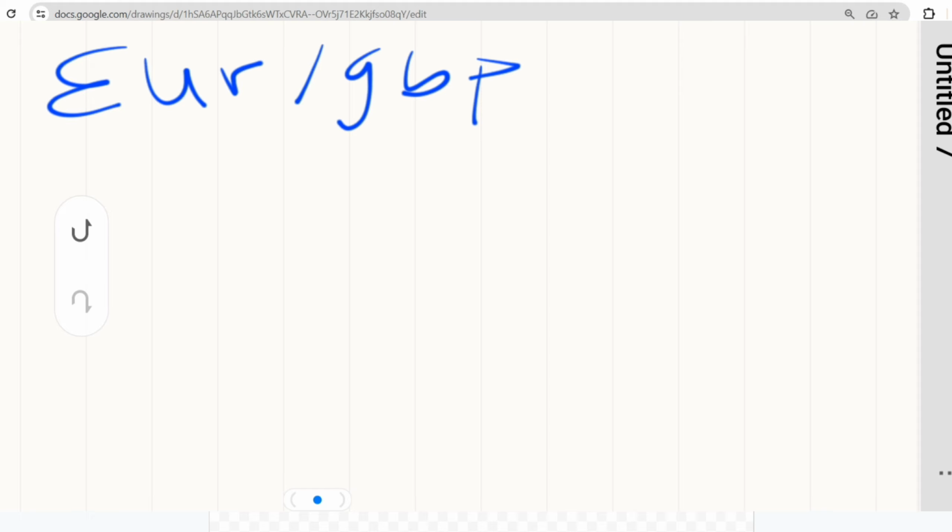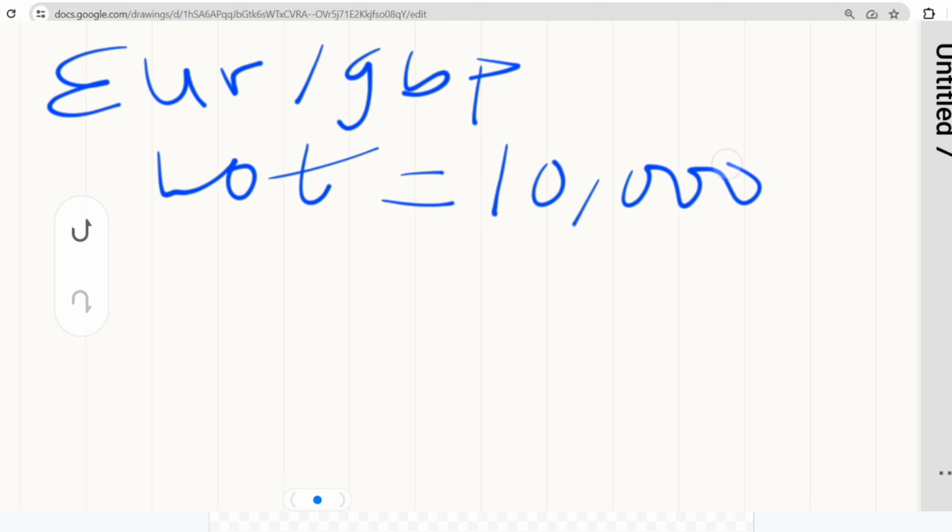Now the next thing we're going to put is the lot size. This time let's use a mini lot, which is 10,000 units of the base currency, which is 10,123 of the base currency, which is the same thing as 0.1 lot size.